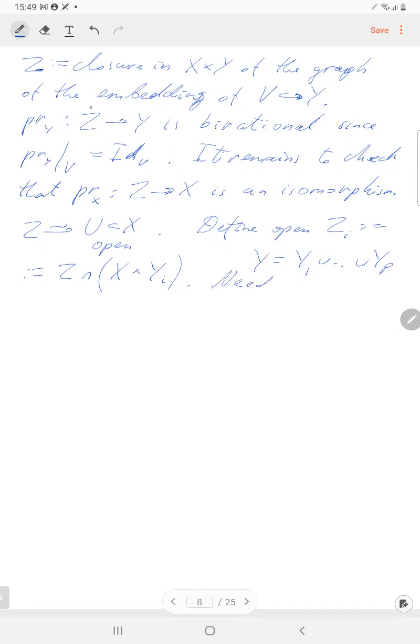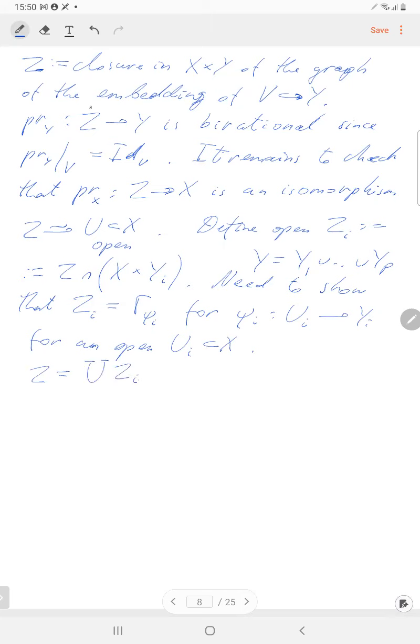So we need to show that Z_i is the graph of some morphism psi_i from U_i into Y_i for an open subset U_i in X. And you see, the whole Z is the union of Z_i's, and then we'll set U by definition to be the union of those U_i's inside X, and there we are.